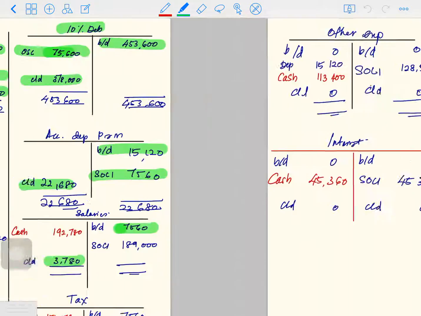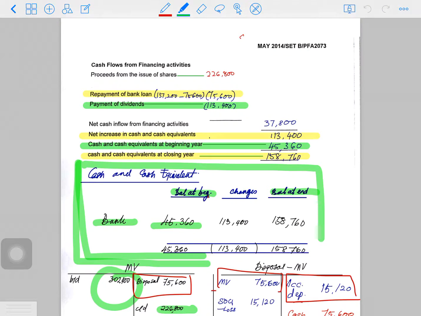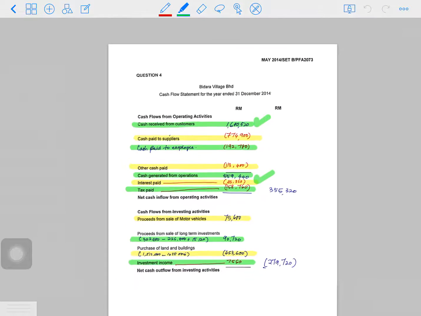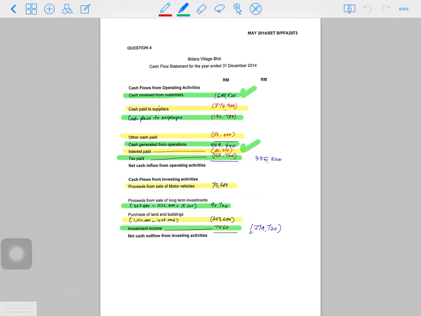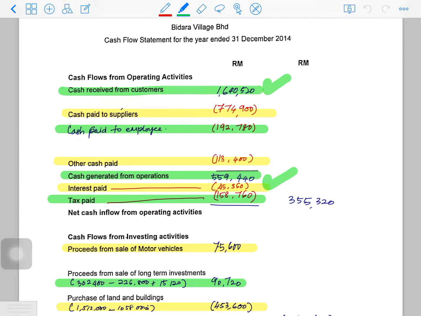Ni. Kat ni kan? This represent the amount yang kita bayar kepada our employees lah. Kita dah masukkan tadi. That is cash paid to employees. This is amount 192,780. So maknanya semua item yang sepatutnya ada dalam cash flow tu dah ada kat situ.